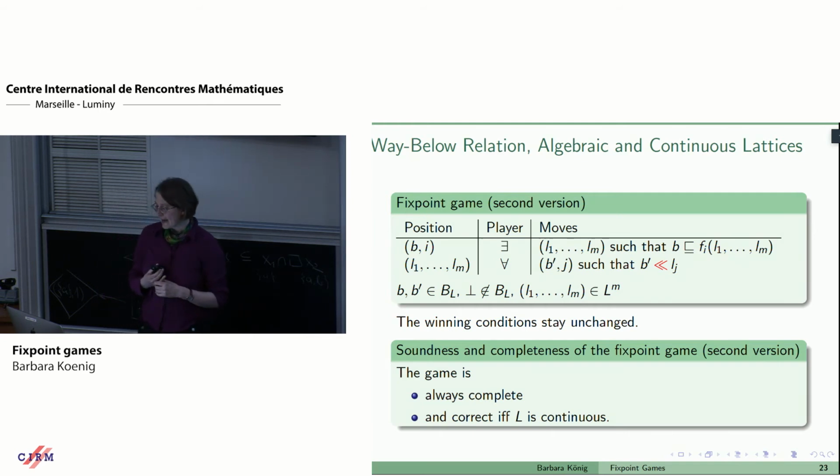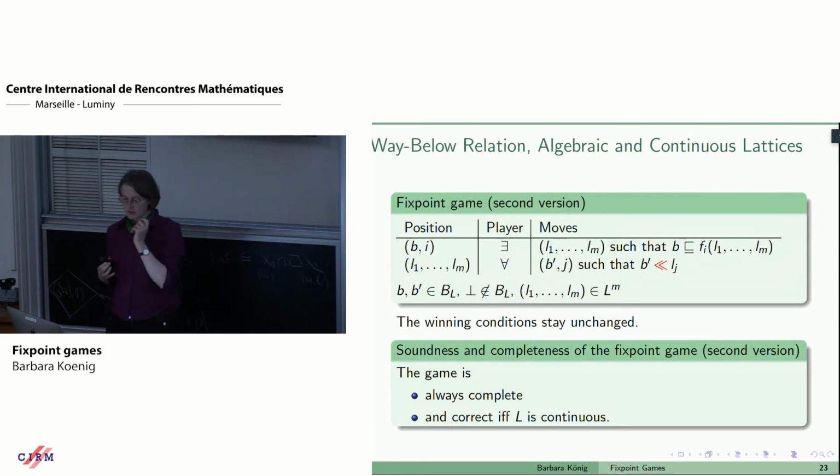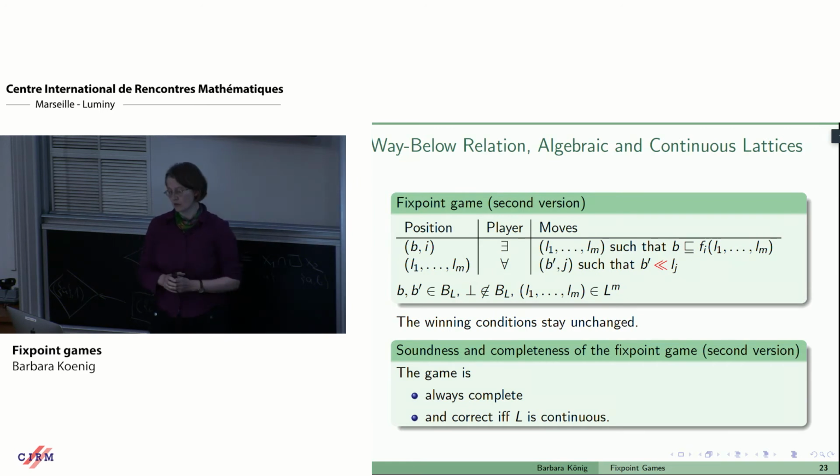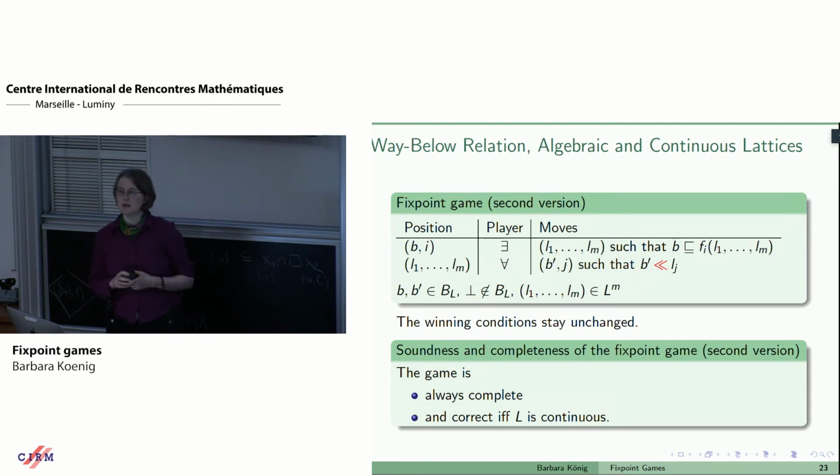Actually, now it's a bit the other way around. This is always complete, and it is correct if and only if the lattice is continuous. One can show this, though the proof is a bit involved. We were using many ideas from parity games that show that encoding mu calculus into parity games gives you the right notion.